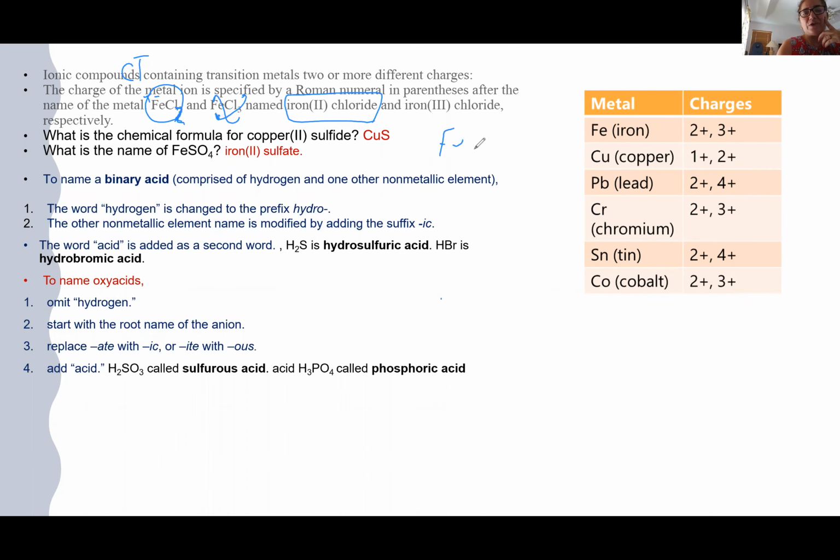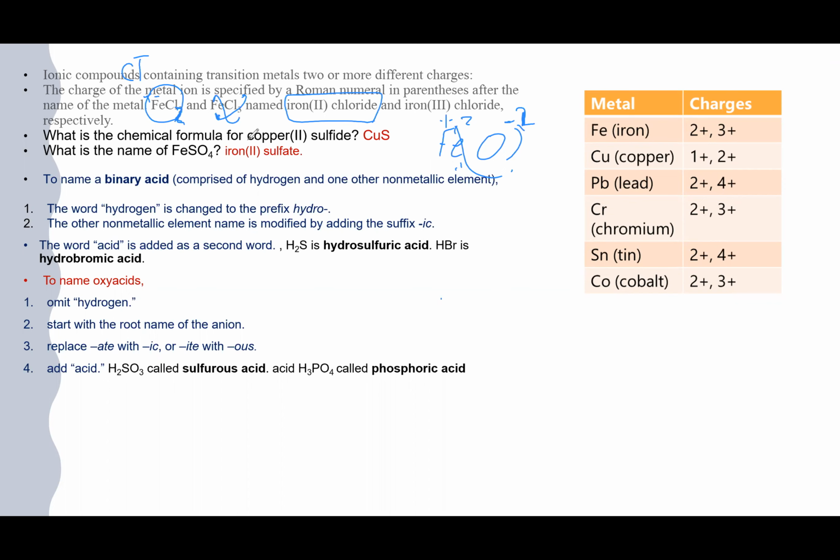Like if you have FeO, if you give 1 and 1 back here, then you say the charge of iron is 1. That's not true because oxygen cannot be 1 minus. Oxygen is 2 minus unless it's in peroxide. So this must be 2 minus. You can use these general shortcuts, but pay attention to common sense. Make sure that it does make sense.